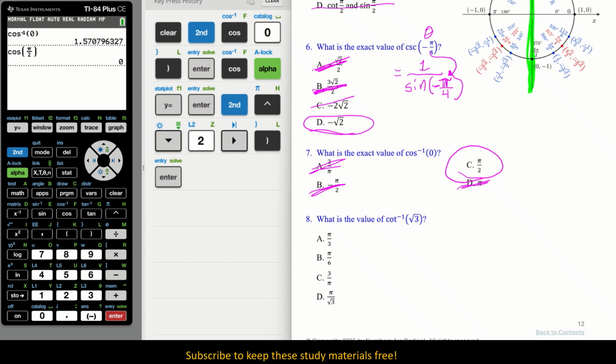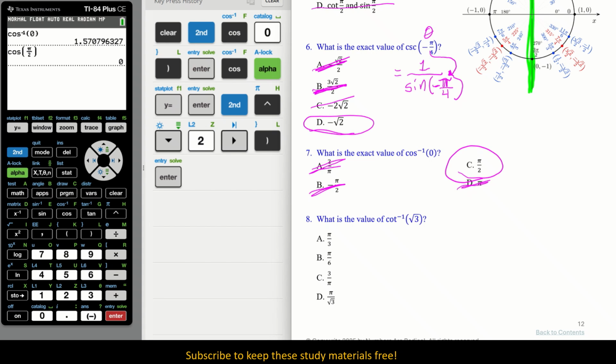Now let's look at number 8. What is the value of inverse cotangent square root of 3? Okay. Now we can use tangent. Now be careful. It's not the same idea as number 6. Okay. All right. Because of the inverse.